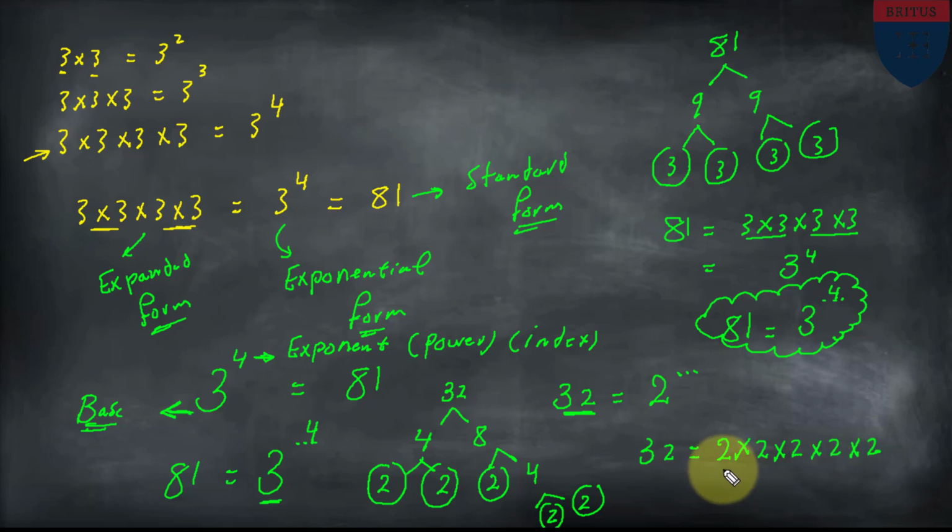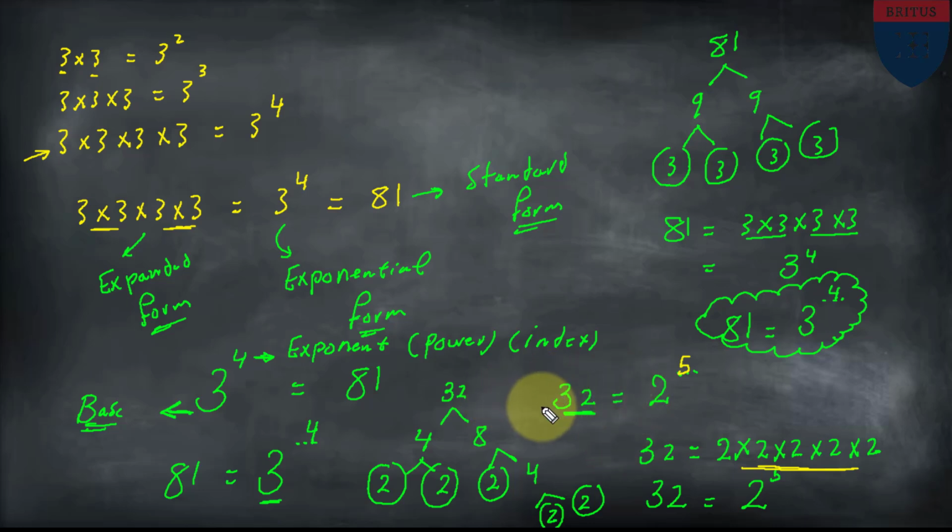Just count 1, 2, 3, 4, 5. Now we can write 32 as 2 raised to the power what? Yes, 5. Why 5? Because we repeat 2 in multiplication 5 times. Now we can say that 32 is equal to 2 raised to the power 5.